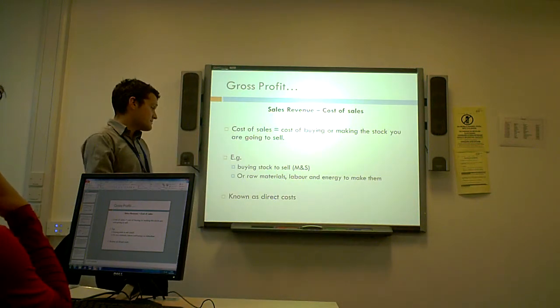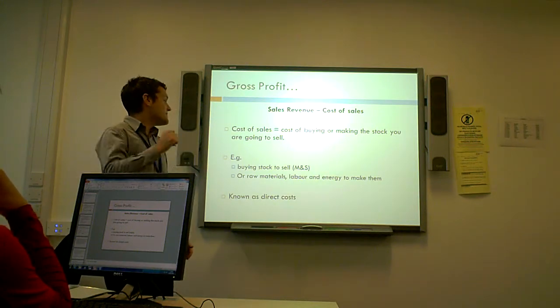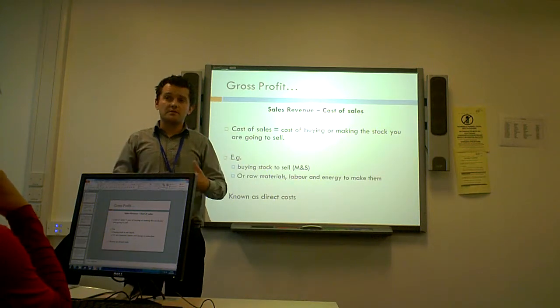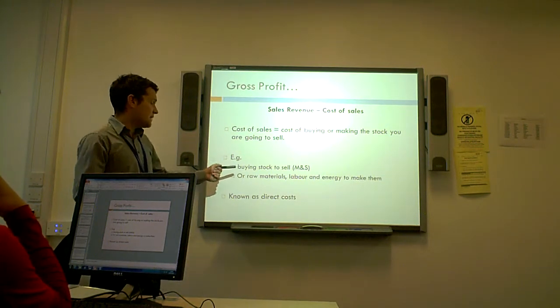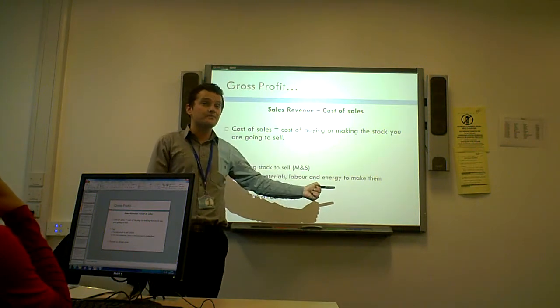This is the key bit, right? It says here, known as direct costs. What that means is we can give a value of all these costs per product. The examples would be buying stock, raw materials, labour and energy.